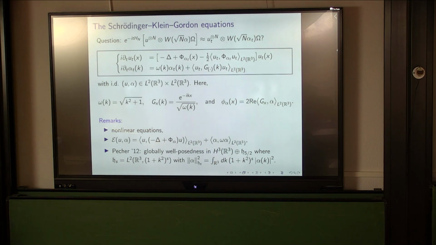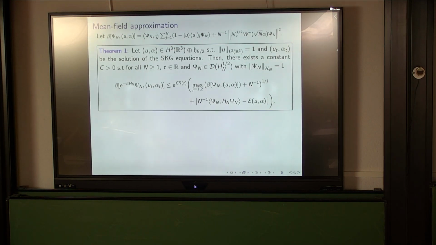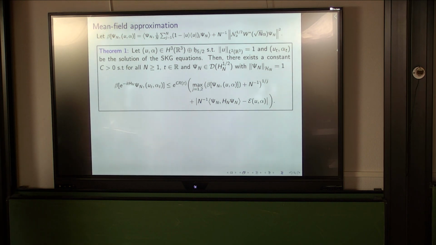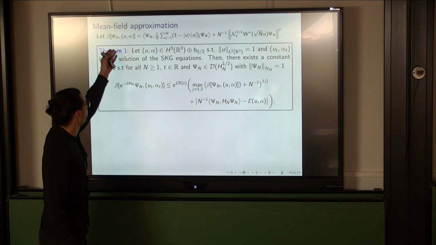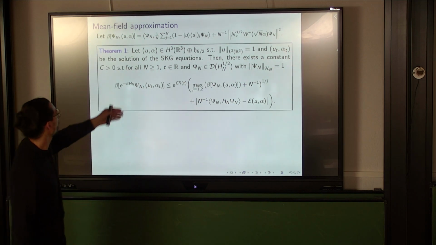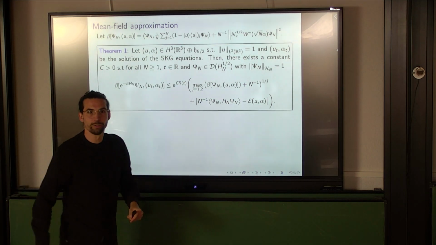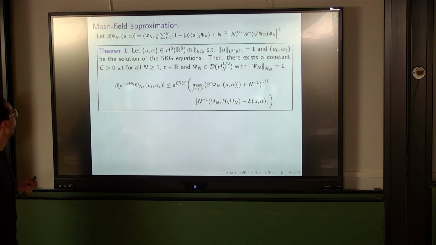Having said this, I can now present our first result. To this end, I introduce a functional beta, where the first term already appeared in the talk of François Gauls.